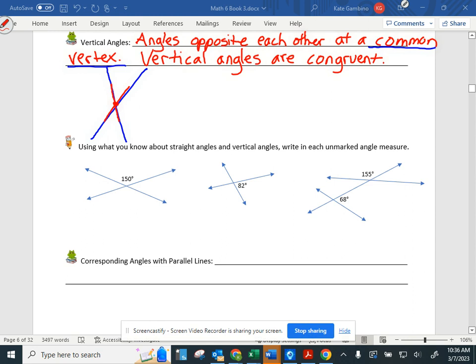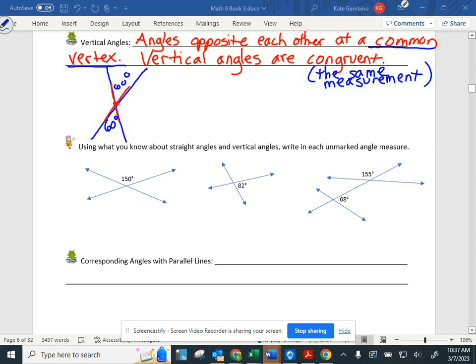Vertical angles are congruent. What does it mean to be congruent? Luciana? Yeah, it means they're the same. They are equal. So they have the same measurement. So if this angle is 60 degrees, what does this angle have to be? 60 degrees.